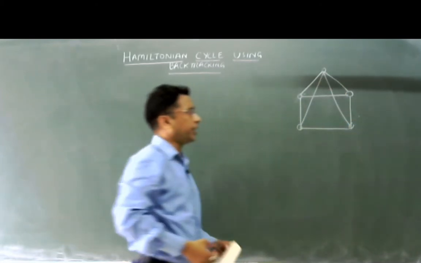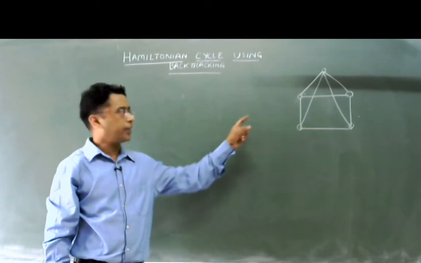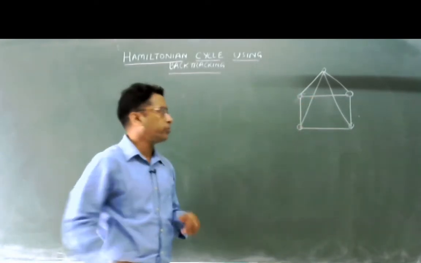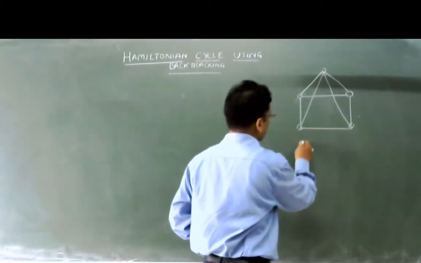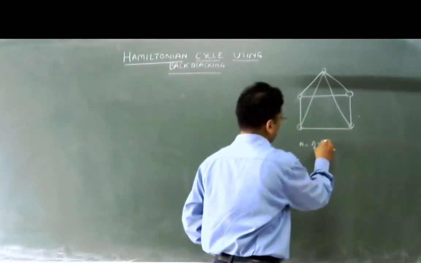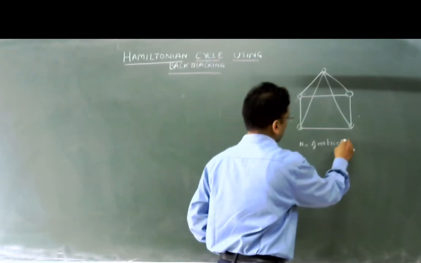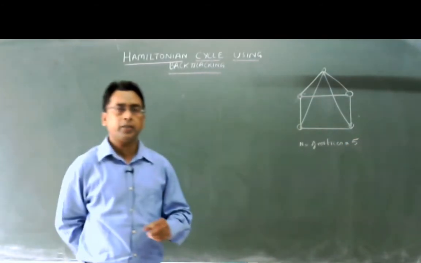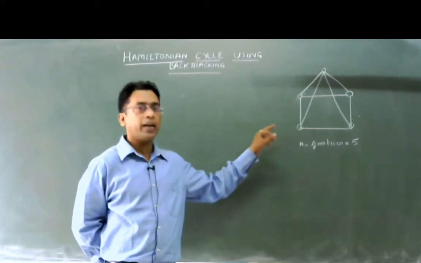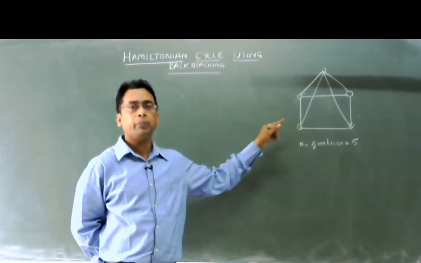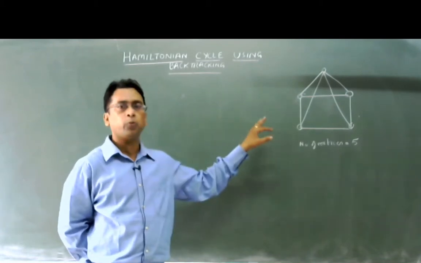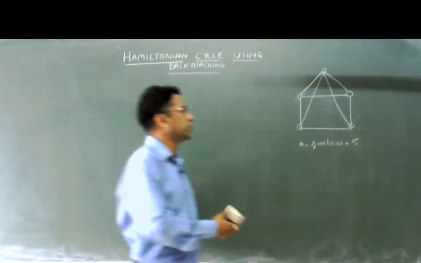I have taken a connected graph in which the number of vertices is equal to 5. So I have to create a circuit with 5 edges among these 5 nodes.